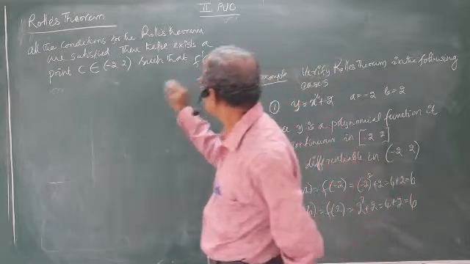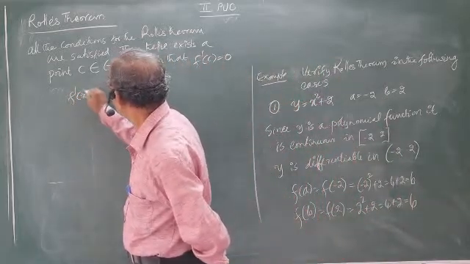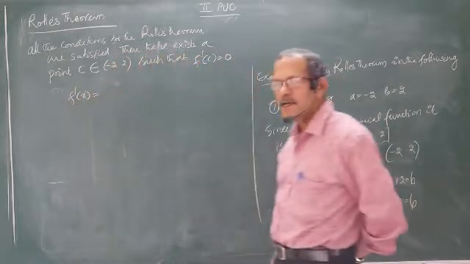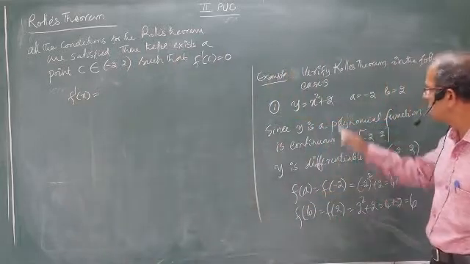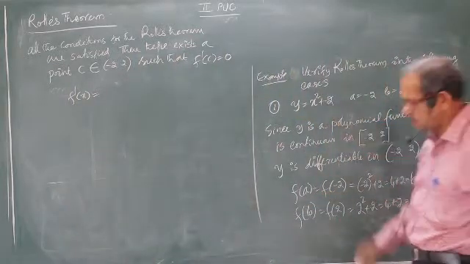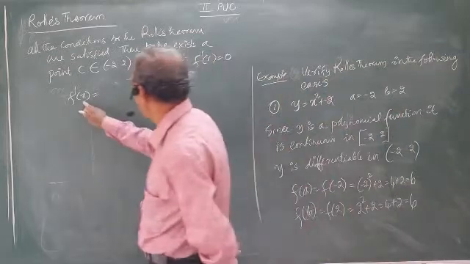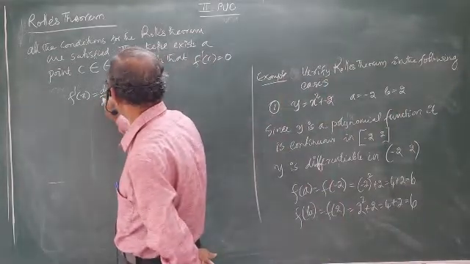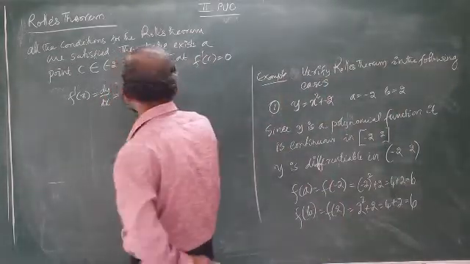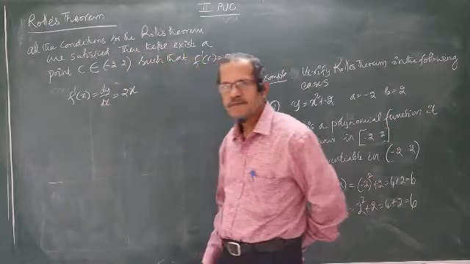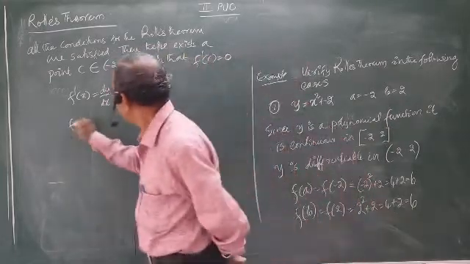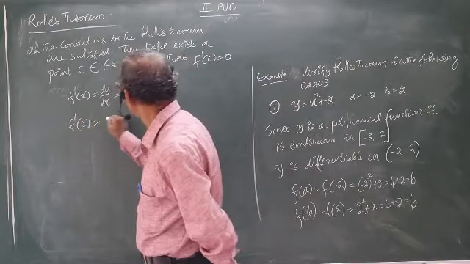But f dash of c means, first find f dash of x. f of x is x square plus 2. f dash of x, or dy by dx, one and the same, is 2x. f dash of c is 2c.